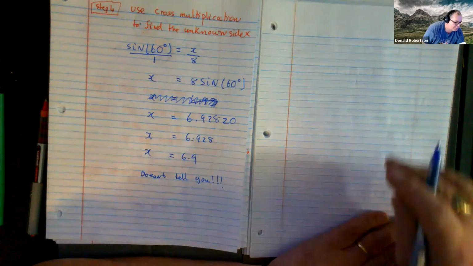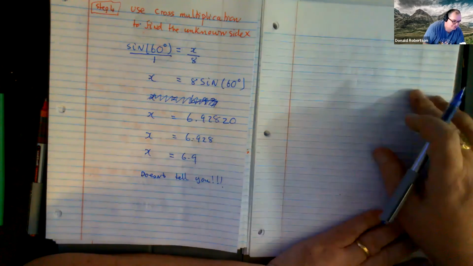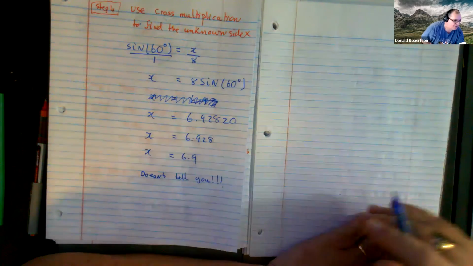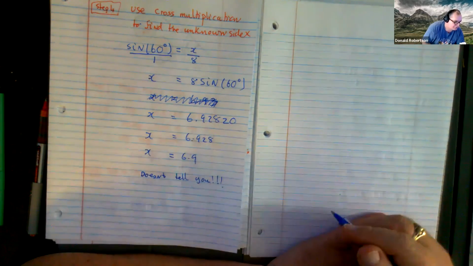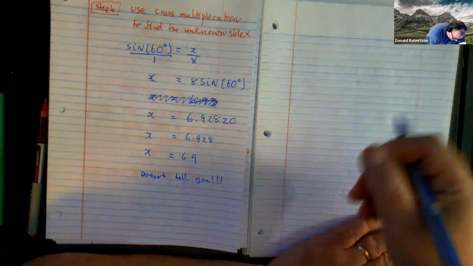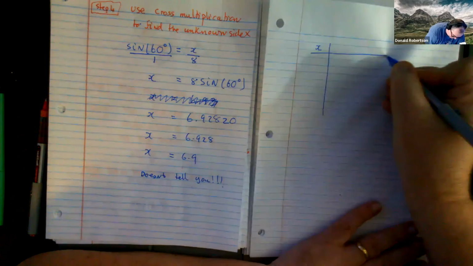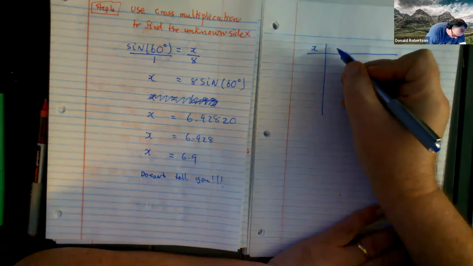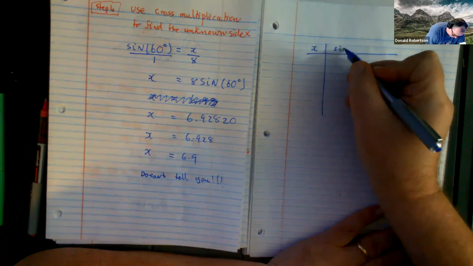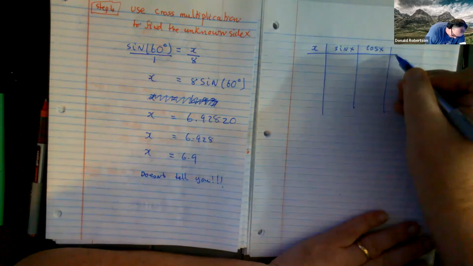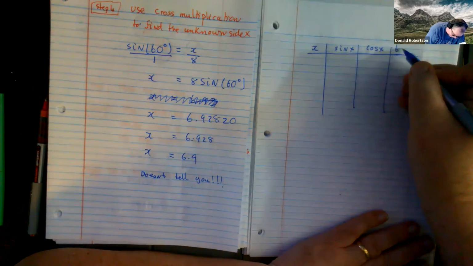So this table I'm about to write down, you're going to write it on a piece of paper and just have it handy when you need it, right? So when you get the sine of 45 or the cosine of 60, you're going to look up this table. So X is going to be the angle, and then it's going to be the sine of X, the cosine of X, and the tan of X, because they're the only 3 that we care about.